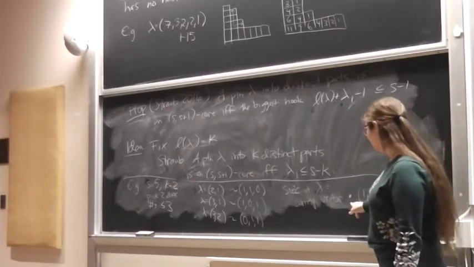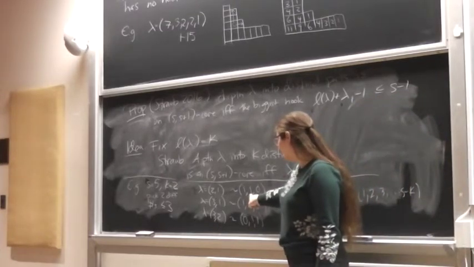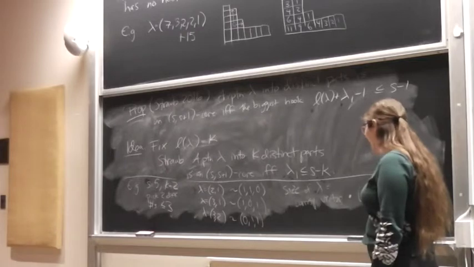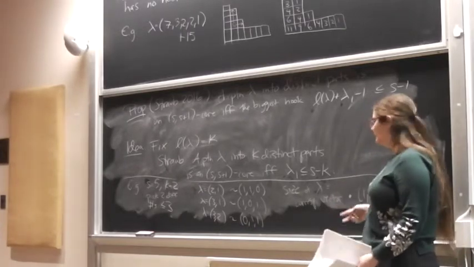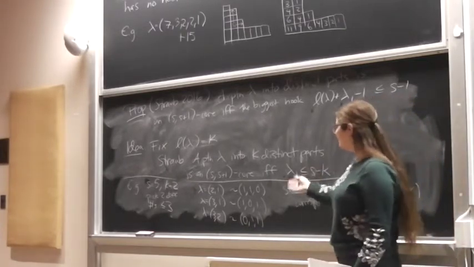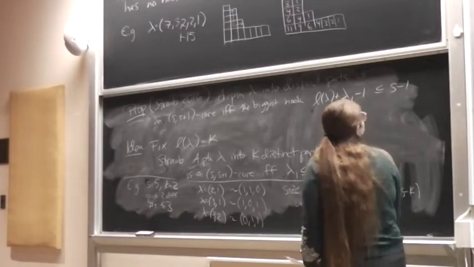Because that means that a 1 at position i is going to contribute i to the size. So it's a really nice, simple characterization then once we've fixed k.